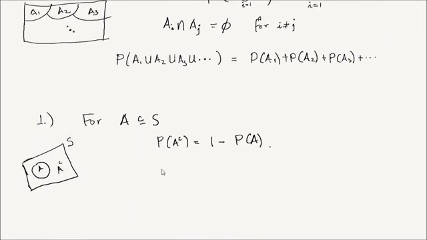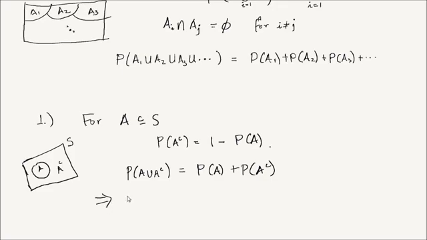Therefore, the probability of A union A complement must be equal to the probability of A plus the probability of A complement. This is by axiom number 3 and by the fact that A and A complement are disjoint.